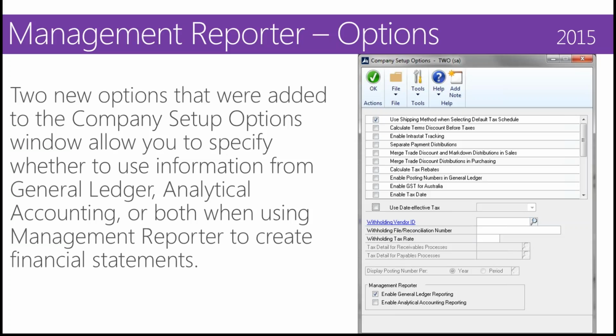And that's going to help some folks out move forward with Management Reporter. Or you can use both. So you can decide. You first have to enable the general ledger reporting and then enable analytical so that you can use both or one or the other. So that's, again, from the company setup options, similar to where we went to enable the auto cash receipt auto deposit.